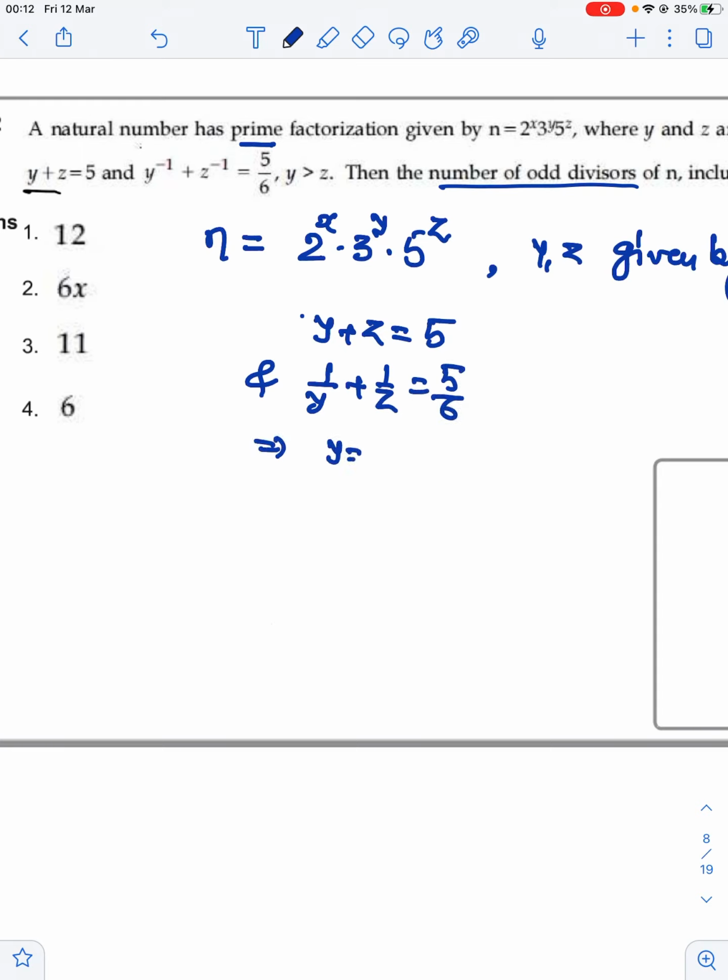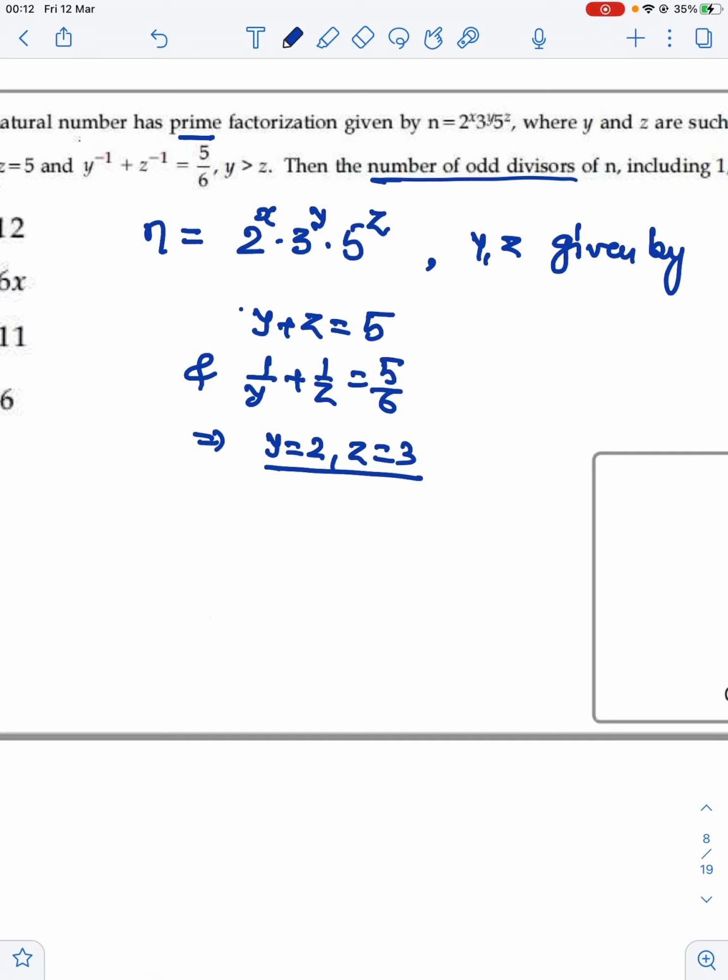So these two will give you y equal to 2 and z equal to 3, and the y z symmetry. Now they ask the number of odd divisors.